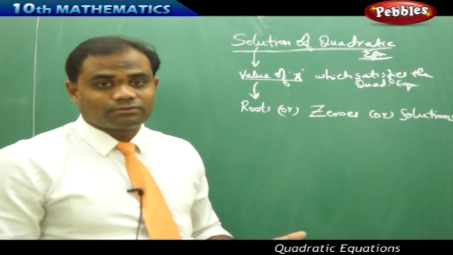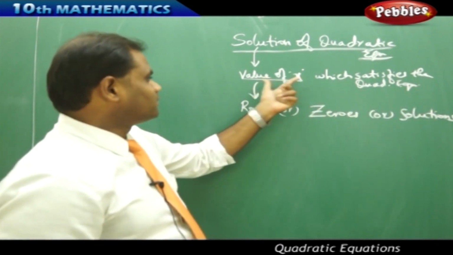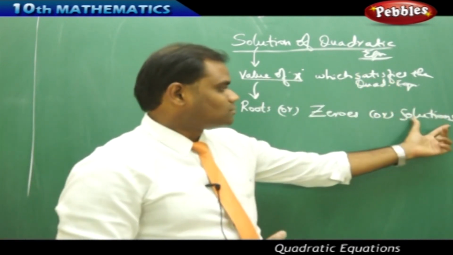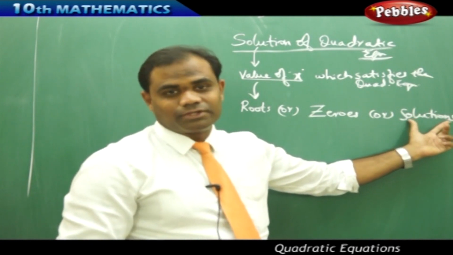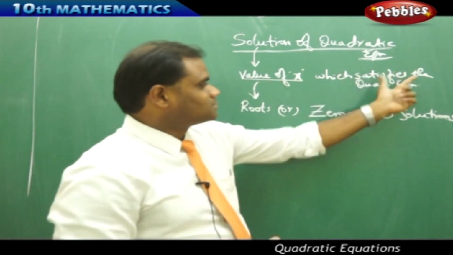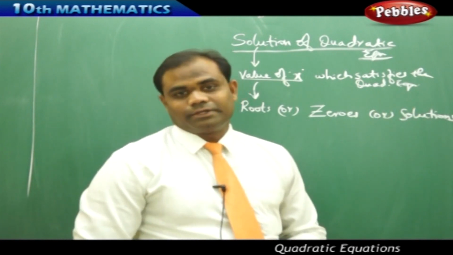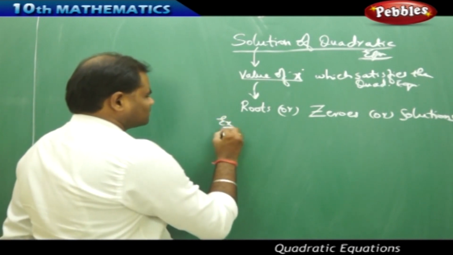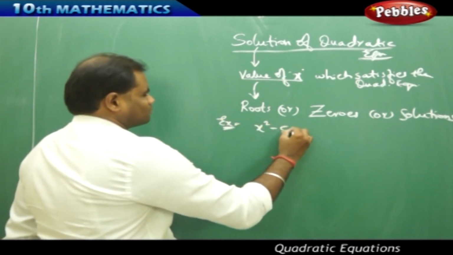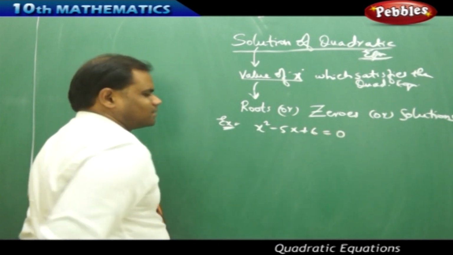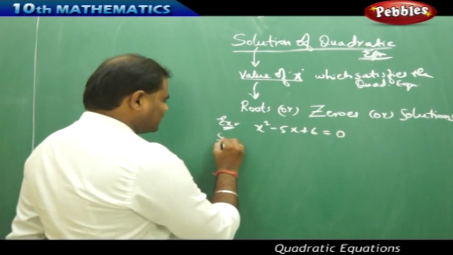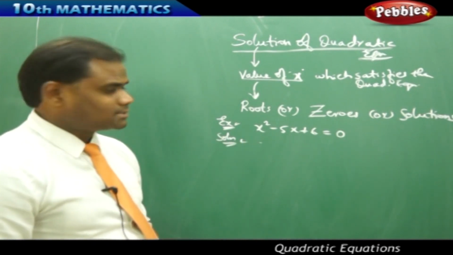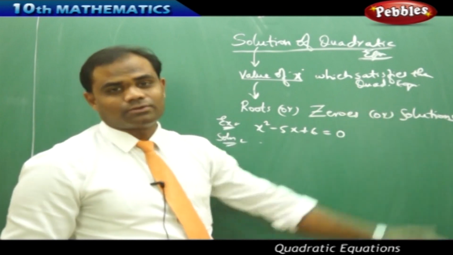If I say find the zeros of the quadratic equation, it is nothing but finding the values of x which satisfy the quadratic equation. Or finding the solutions is nothing but finding the values of x which satisfy the quadratic equation. So for example, if I take this, then let me see the value of x which satisfies this equation, and that value of x is called the roots or the zeros or the solution.